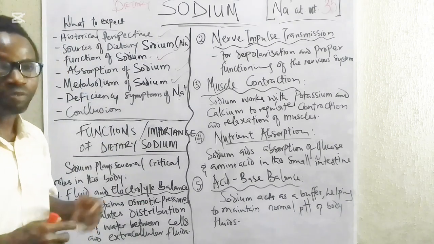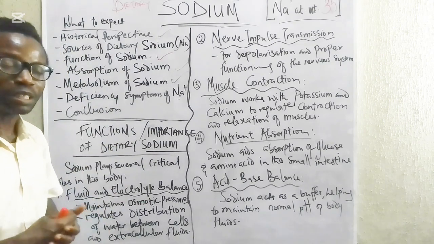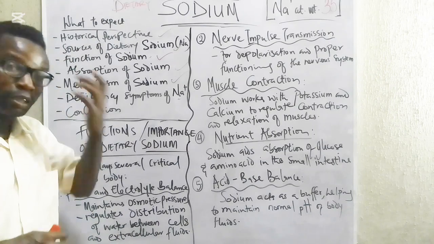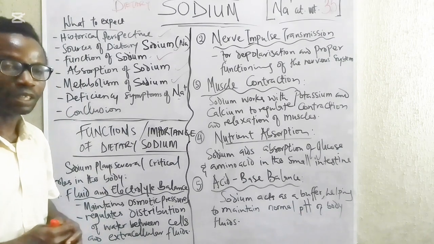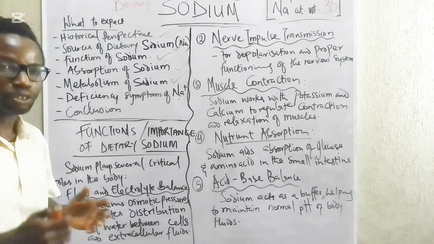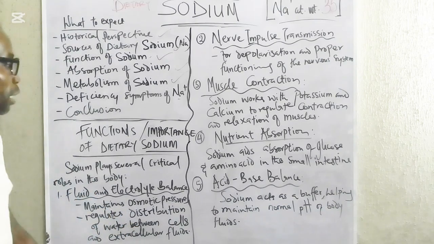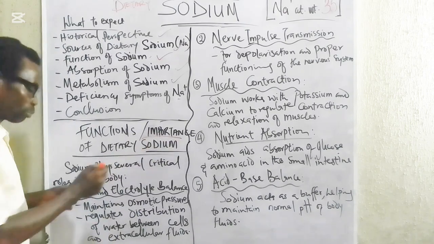Sodium is also found in animal tissue like meat, fish, egg, and other poultry products, and also in spinach, beet roots, and some other plant tissues. But we will look at the functions, the importance, of dietary sodium.